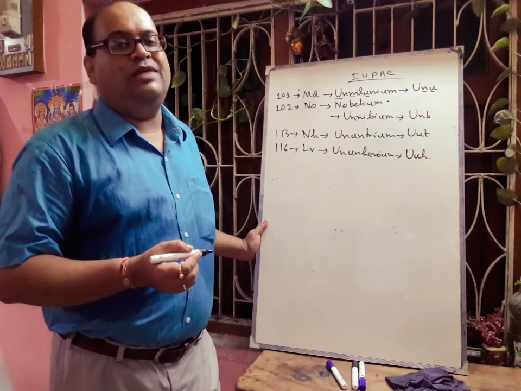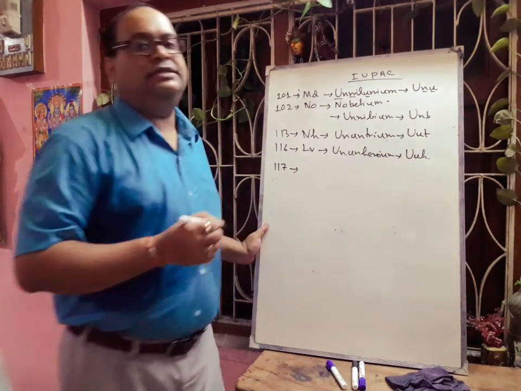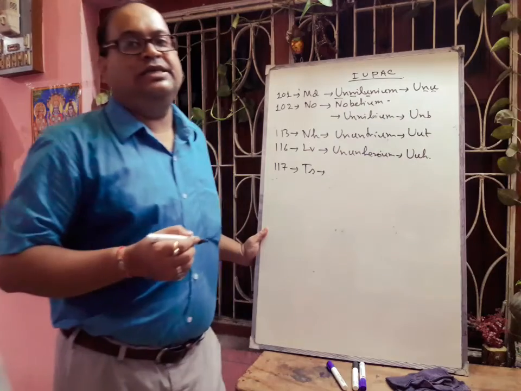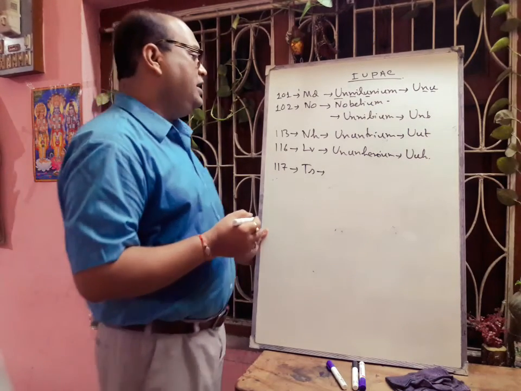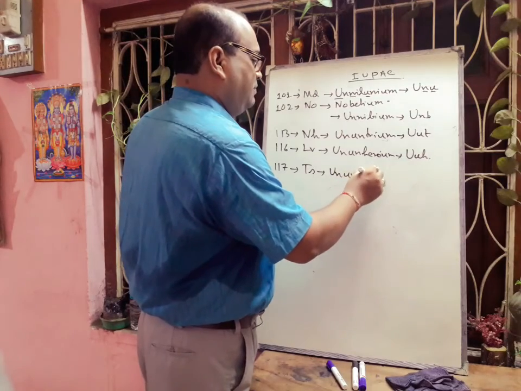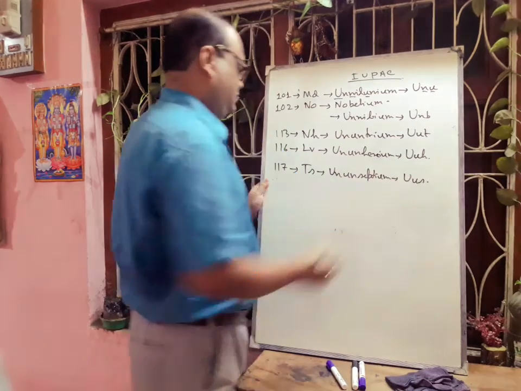And the last two elements, 117, its symbol is Ts and its name is Tennessine, and its IUPAC nomenclature will be Ununseptium, and its symbol will be Uus.